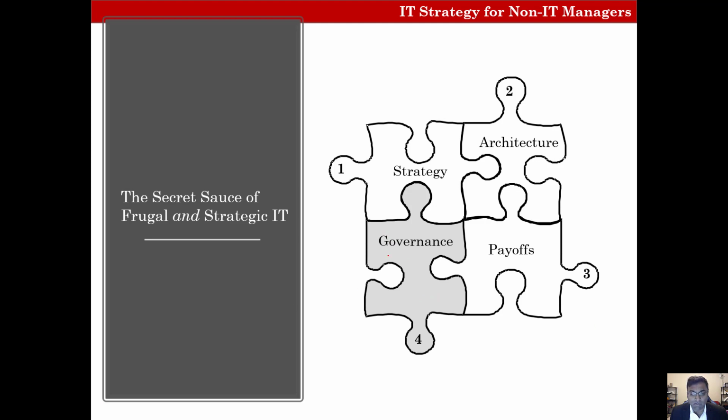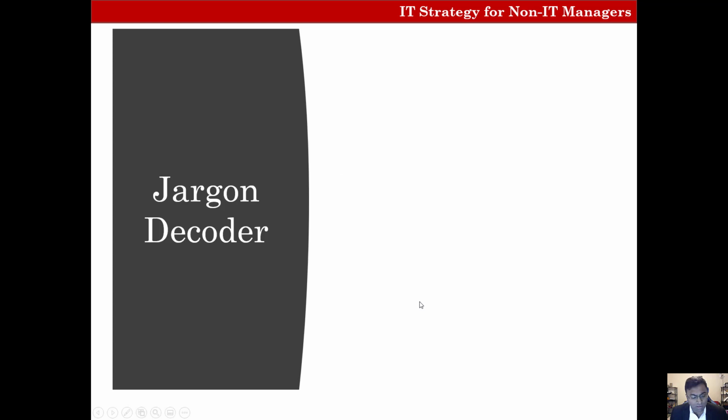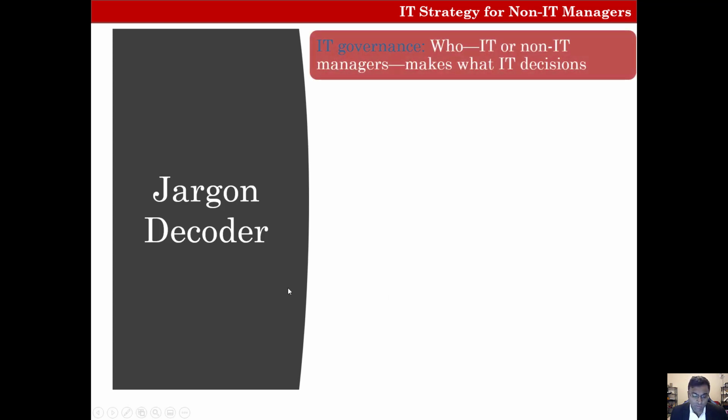Now, IT governance is the secret sauce for frugal and strategic IT implementation. This is the miracle which most firms want, and we're going to talk a lot more about it. So before we start going through this, let's talk about some of the jargon we're going to use.